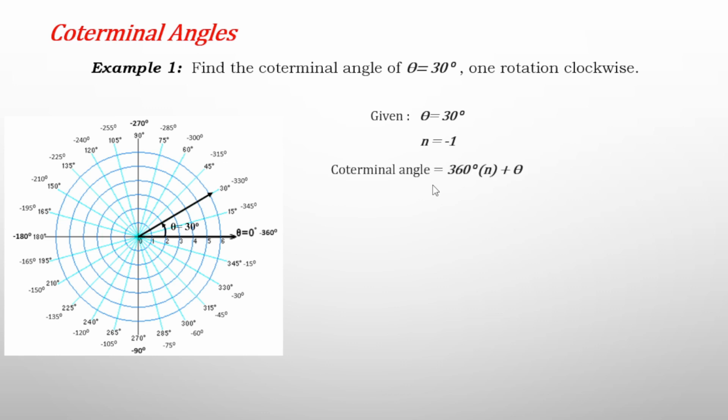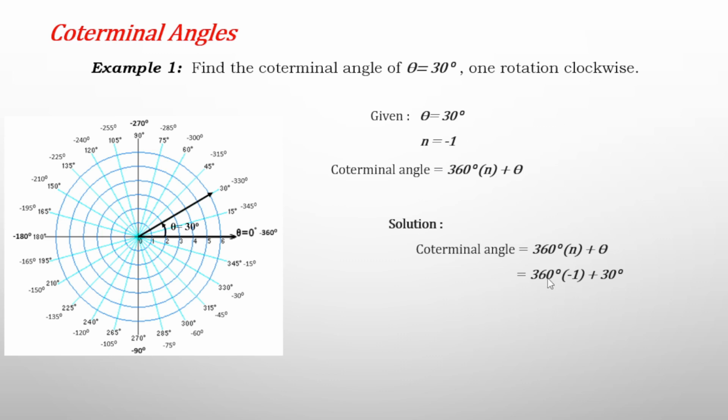How are we going to find the coterminal angle? We're going to use the formula 360 degrees times n plus theta. Let us now substitute the value of n, which is negative 1.